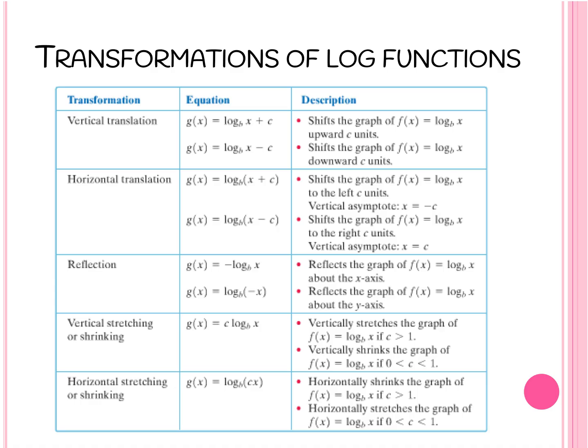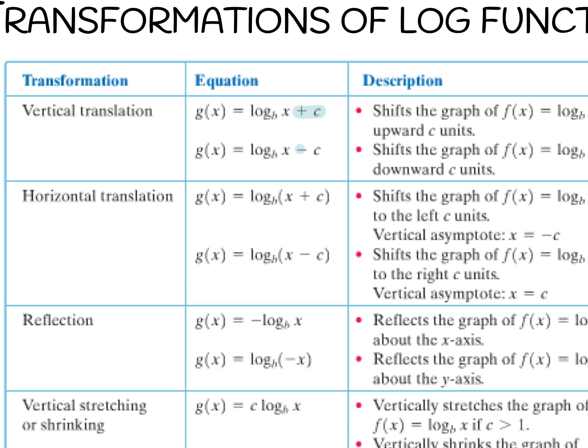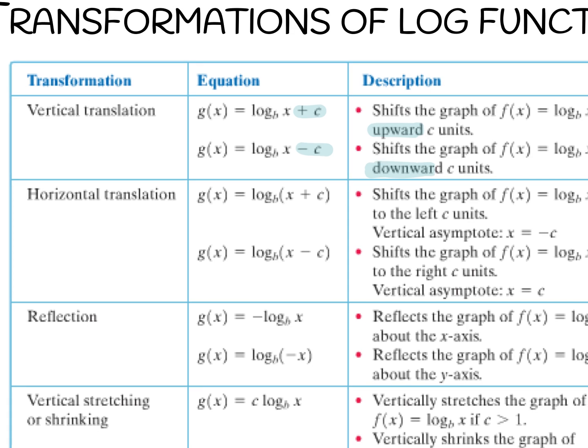Right, next we have transformations for our log functions. These are the same transformations we have for exponential functions. It's just being applied to a log now. So our parent function changed. When we add or subtract something on the outside, we have a vertical shift. So if we're adding on the outside, we move up. If we're subtracting on the outside, we go down. Horizontal translations happen when we add or subtract on the inside.